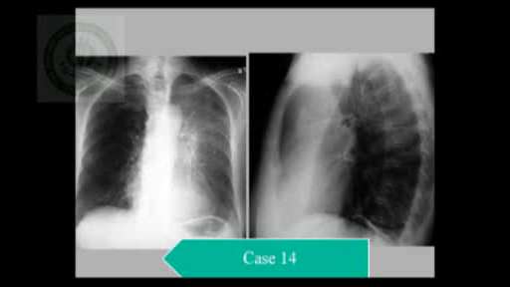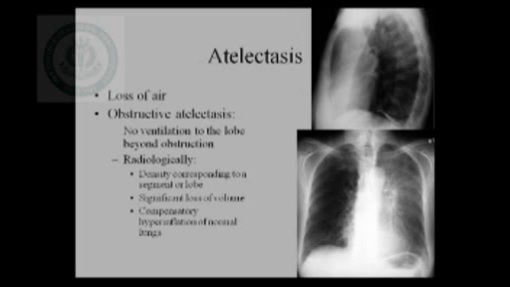This is left upper lobe consolidation with collapse. Now, atelectasis basically means that there is a lung volume loss and the compensatory lung on that particular side, be it an upper lobe or a lower lobe, shows a compensatory hyperinflation just to overcome the function of the affected lung. Now, in this X-ray, you find that there is a mediastinal shift to the left side.